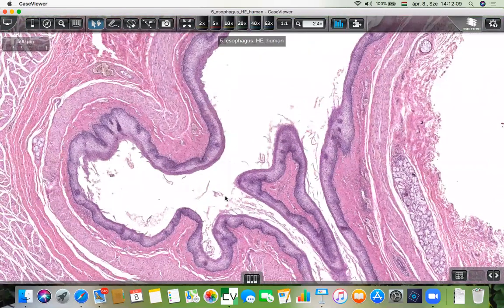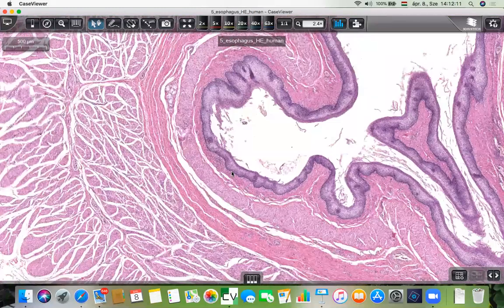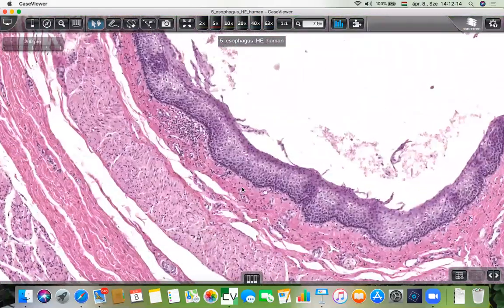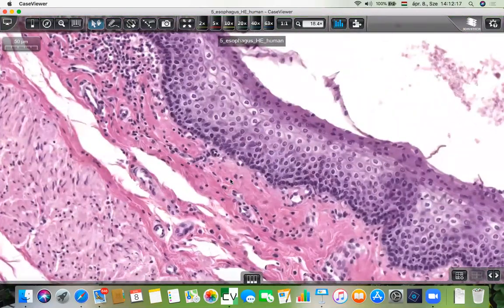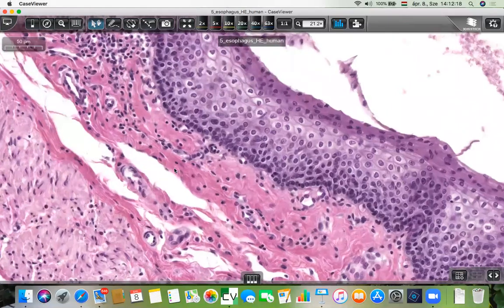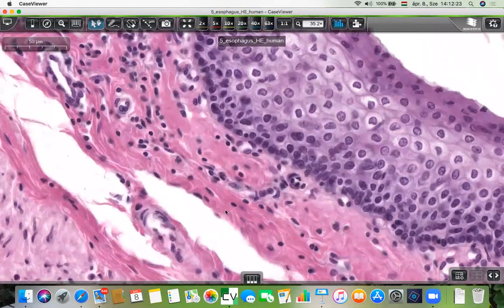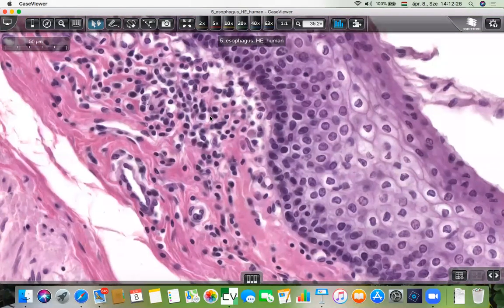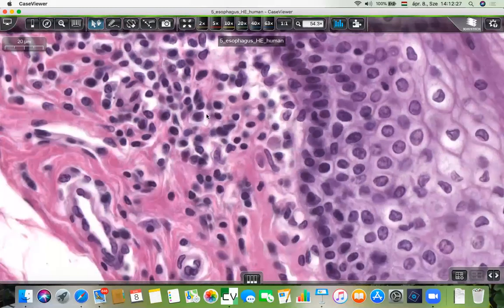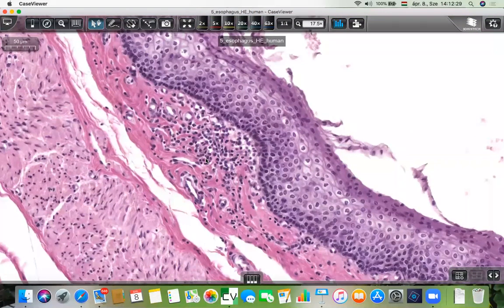Maybe this area is a little bit better. So this is the lamina propria, which is moderately dense connective tissue. Collagen fibers are presented with lymphocytes and numerous other lymphoid elements. Here we have a lymphoid aggregation. Just look at that. There is a lymphoid aggregation.